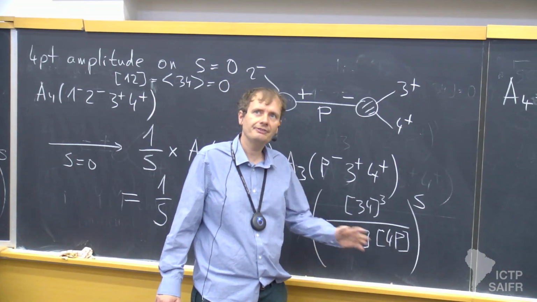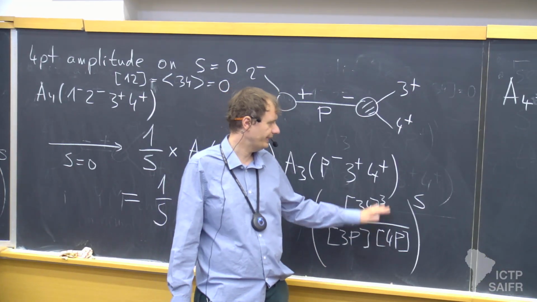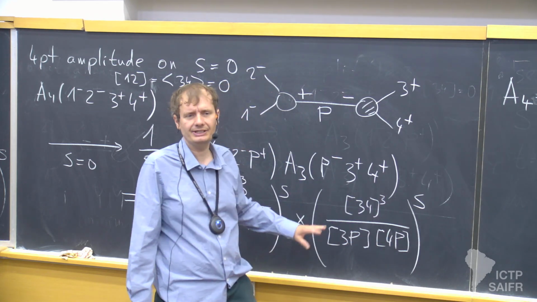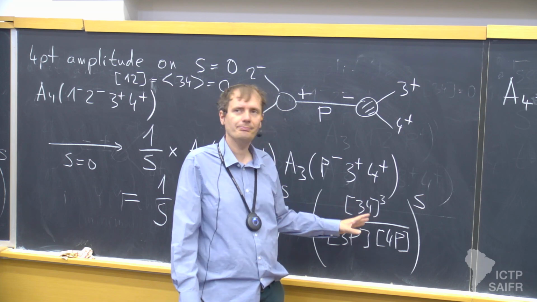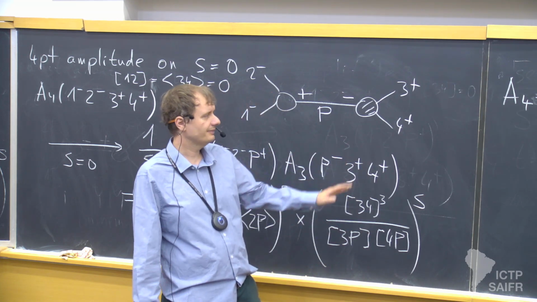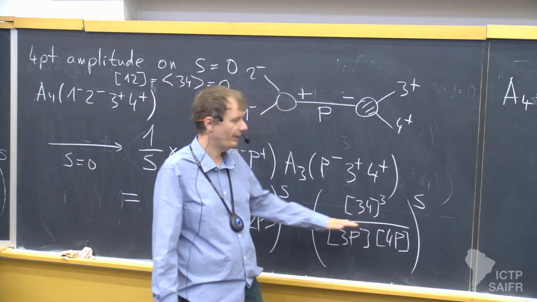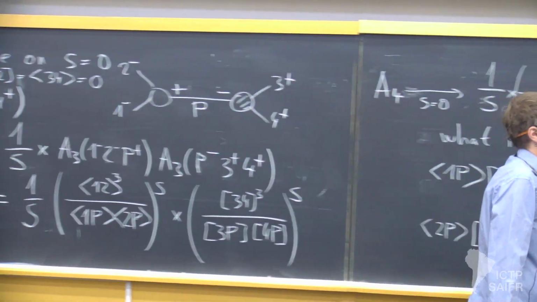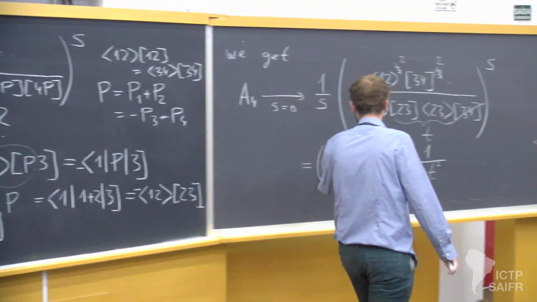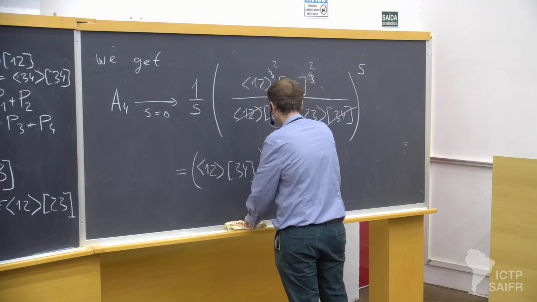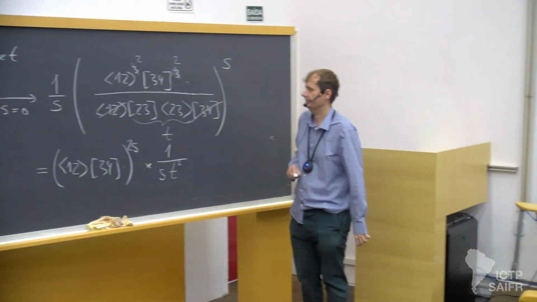There are certain cases when you have to be careful about the sign, but here they always appear in pairs. So here we are sloppy about the sign and it works. You can do it carefully, but here you don't have to because things appear in pairs. We can also put this square in the exponent, so we have this to the S here.